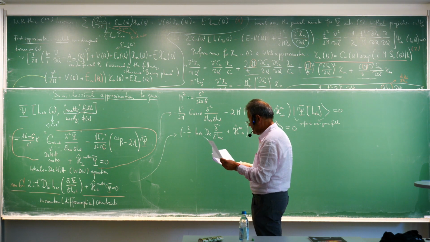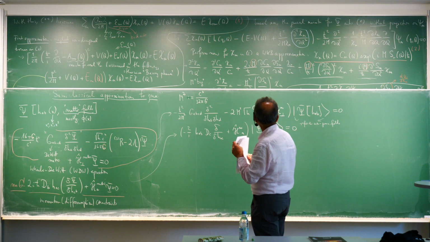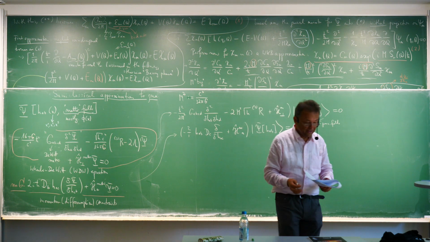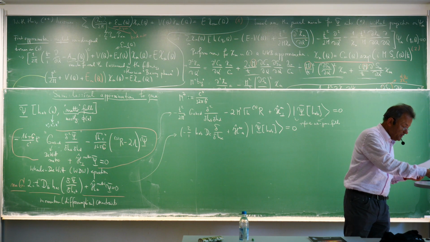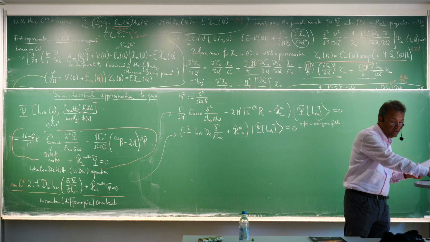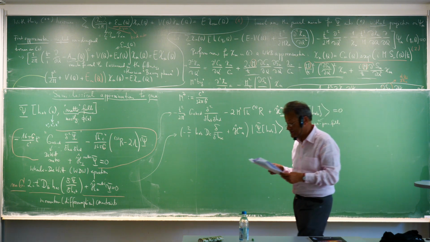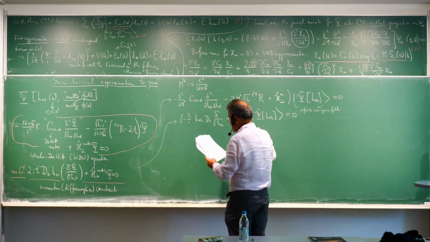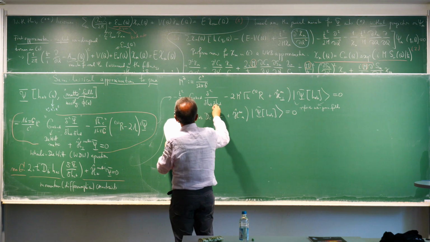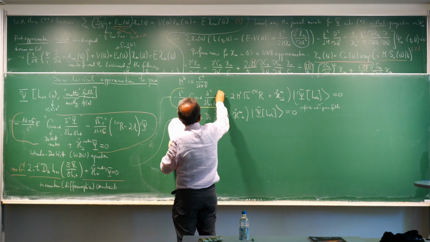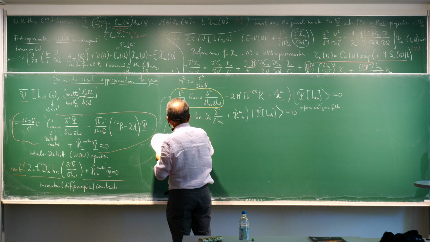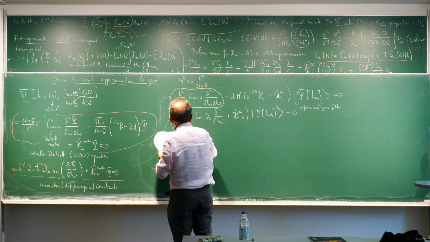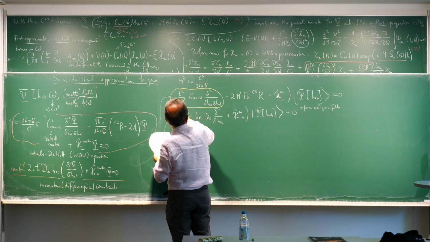Okay, so we have these two equations, and now we can compare. Of course, this was erased, but you have seen it, and you have it maybe in your notes. So we compare these equations now with the starting point, the stationary Schrödinger equation, to see the analogy. So first, this term here corresponds to the minus 1 over 2m d squared over dq squared. Okay, here's the h bar.